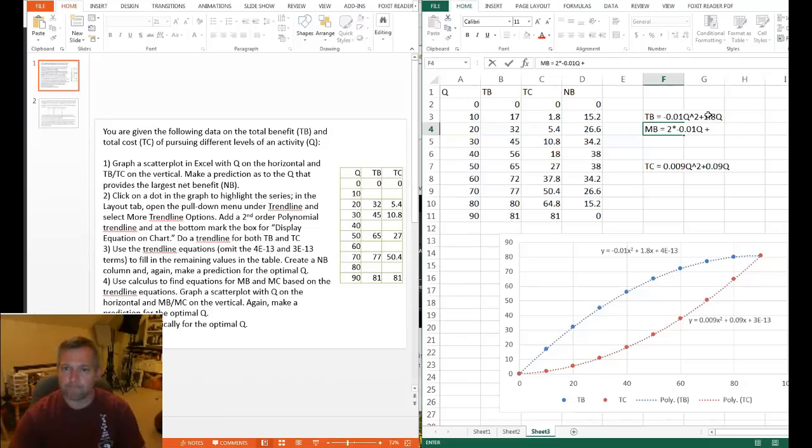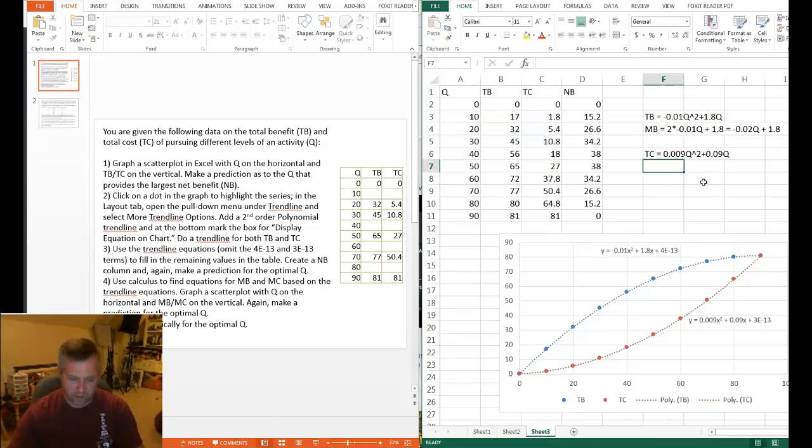If it's just the coefficient times the variable, it would be q to the first, and then 1 times 1.8, and then q to the 0th, and anything to the 0th power is equal to 1. So this just ends up being 1.8. So I could make this a little easier and go negative 0.02 q plus 1.8.